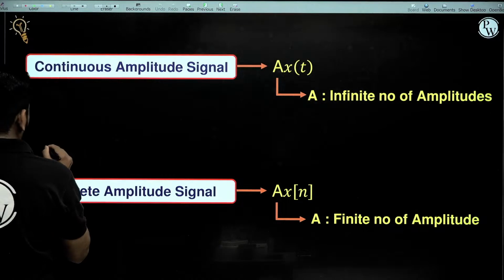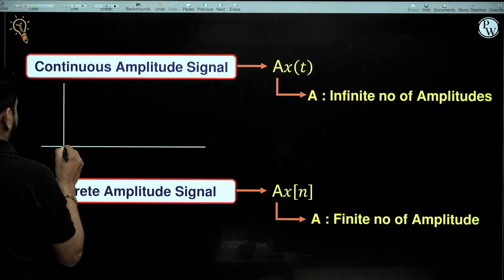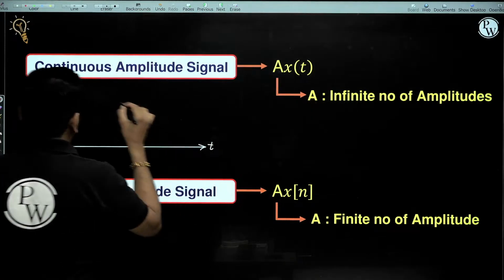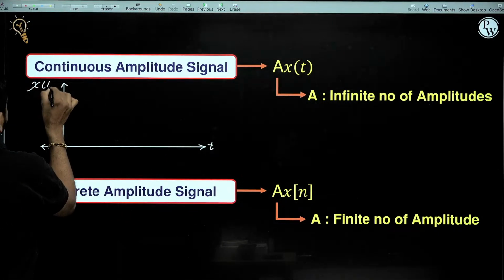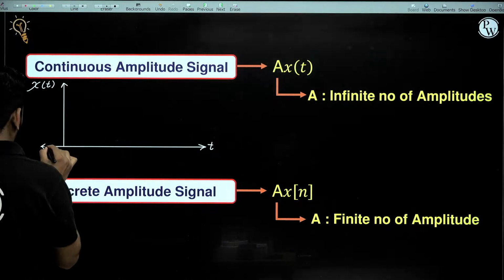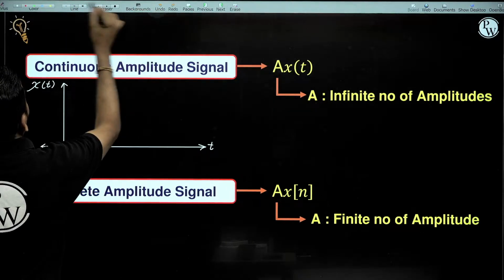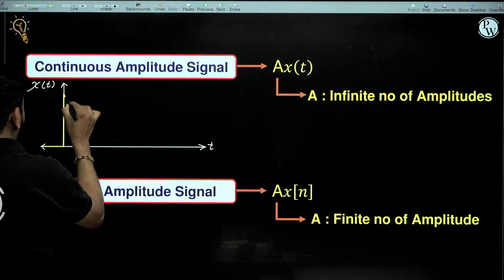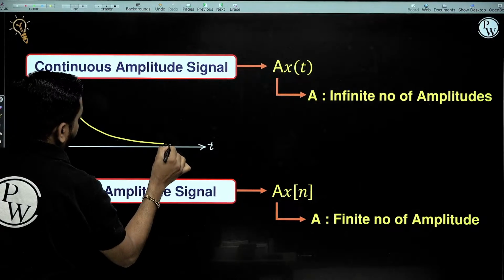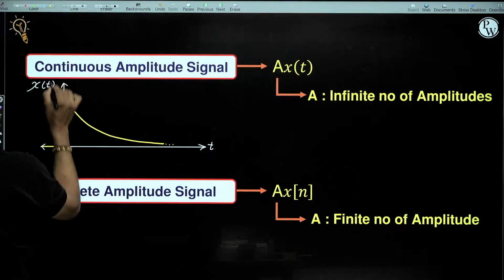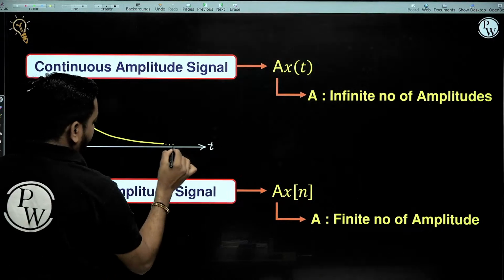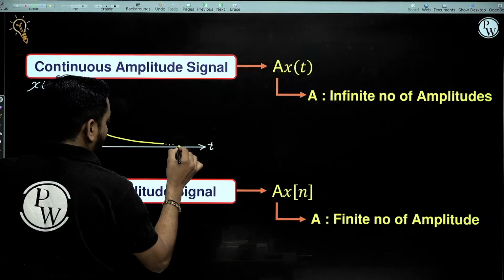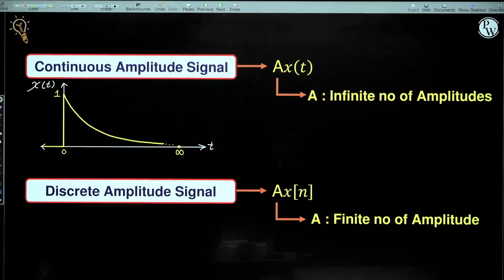In a simple way, as an example, I am drawing an exponentially decreasing function. For the exponentially decreasing function, here I am writing x of t. Here this is 1, and suppose at t equal to infinite, amplitude is 0.